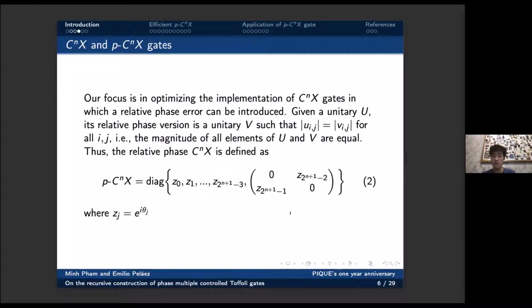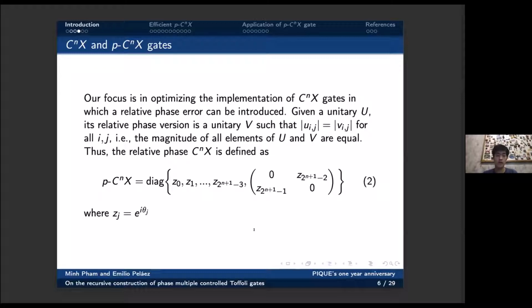And what we are interested in is the relative phase multiple control Toffoli, right? So the way to define this is to first define what a relative phase is. Given a unitary matrix U, its relative phase counterpart is defined as V such that every element of V is equal to U up to a relative phase factor. So in this way, we can define the relative phase multiple control Toffoli as PCnX.